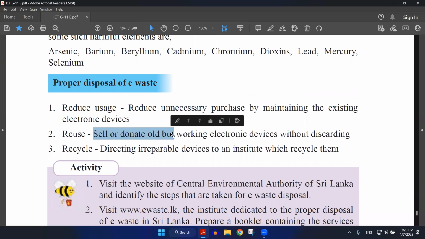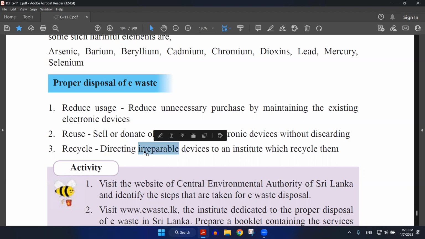As well as, if a particular device is not in a position to be sold or gifted, that means it has a defect or it is not working anymore. Then you have to give it to an organization that does the proper recycling process, right? In Sri Lanka, there is not a specific place, but there are organizations which receive those and go through specific scenarios, not the renowned ones.